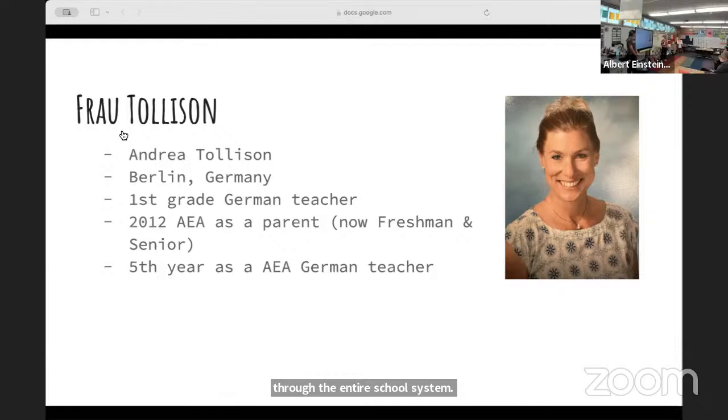My son now also is at high school, so both of them are going on. But I've decided halfway through that teaching is my passion, and especially teaching German. I've worked at the Rasselbande for a couple of years and then moved on to actually teaching German academically. And so this is my 5th year here at Einstein in 1st grade.